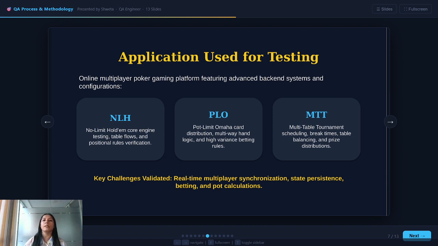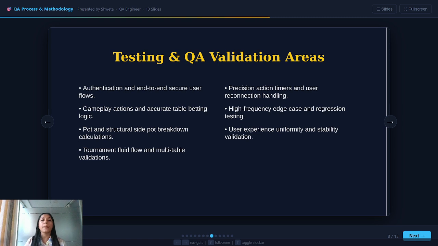During testing, I validated authentication flows. Gameplay validations were also performed for betting logic, minimum raise restrictions, and pot calculation behavior to ensure accurate game flow.